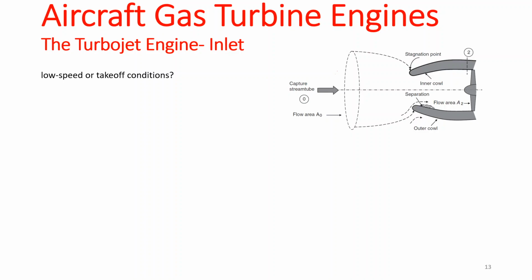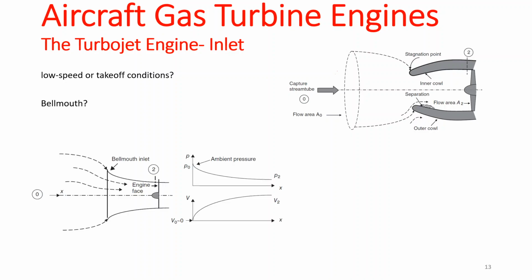So in a very low speed condition, your inlet is going to become a nozzle, and we have to make sure that we can accommodate that condition. It is going to act like a different design. That's why in the design, something that you always see is the bell mouth inlet. You see it a lot of times, to accommodate the condition of takeoff or very low speed.